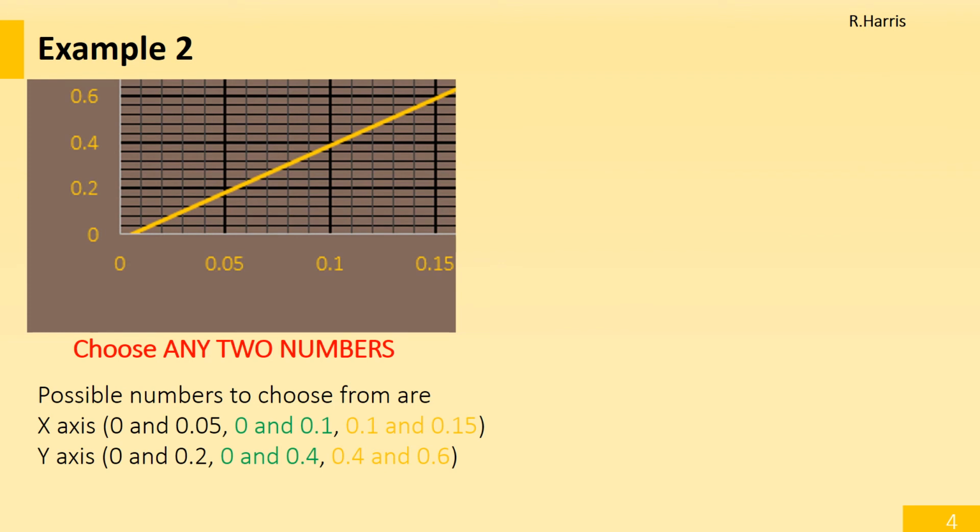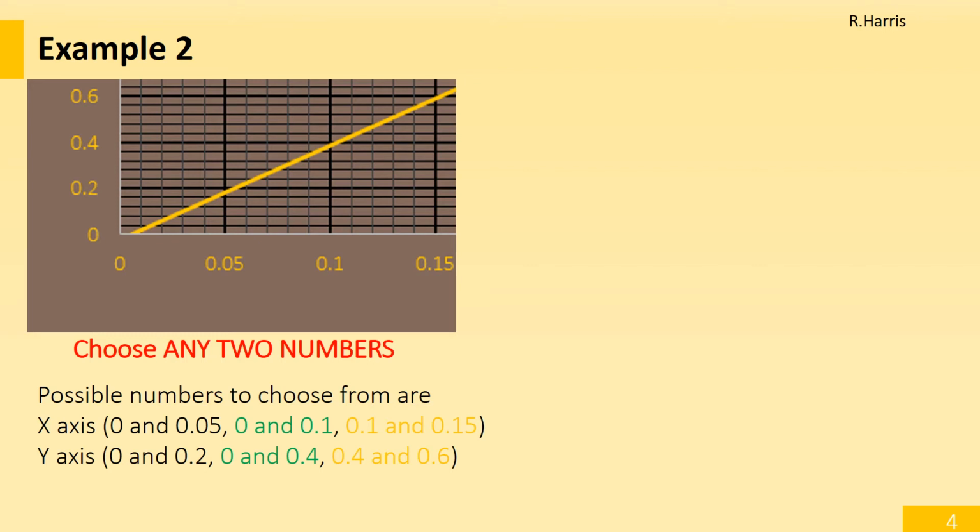In this example, which uses a section of graph paper, we will apply the formula given on the previous slide. When using the formula, any two numbers can be chosen, and for the x-axis, the possibilities are 0 and 0.05, 0 and 0.1, and 0.1 and 0.15.